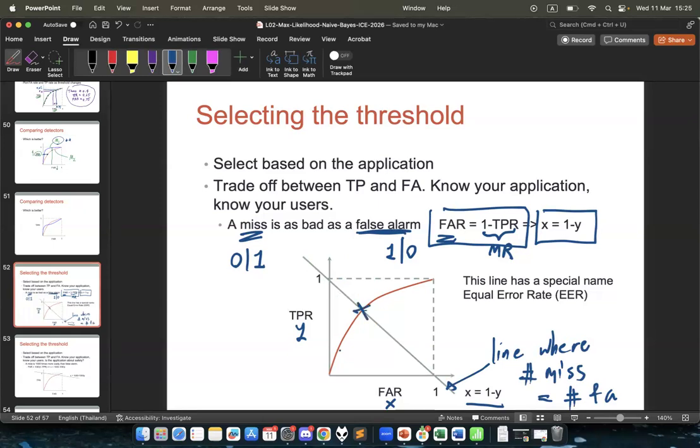The intersection between the ROC and this line is where the model makes equal mistakes in both ways, and this is where you can select the threshold. This is called the equal error rate.